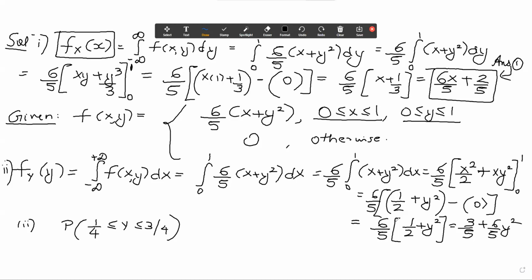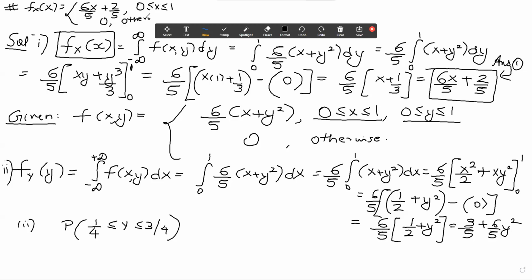So guys, I can write the answers like this. How will I write the answer formally? I am doing it on the top. So formally f_X(x) will come out to be 6x by 5 plus 2 by 5 when x lies between 0 and 1, and 0 otherwise.